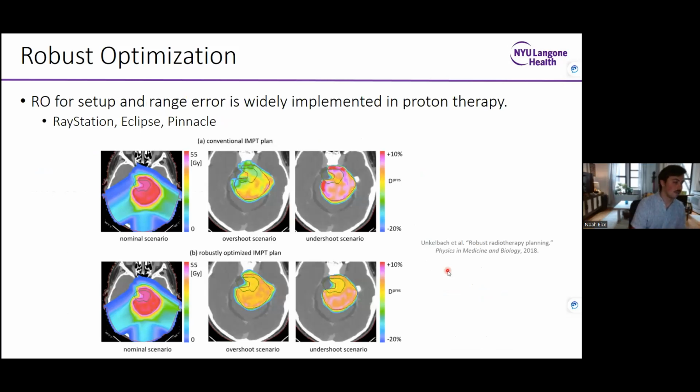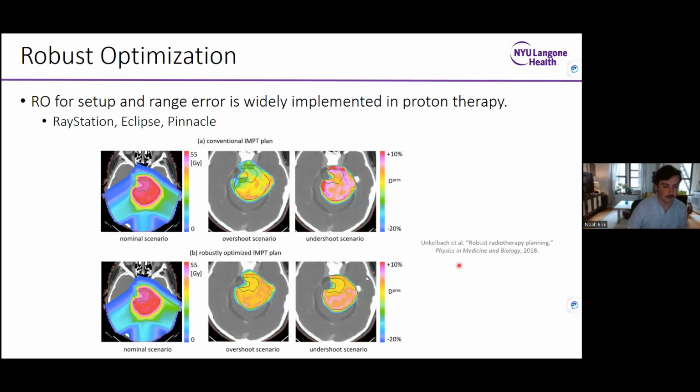So robust optimization is already clinically implemented for setup and range errors all over the place for proton therapy. I guess that's where it's needed the most, because of the sharp falloff of the Bragg peak. But there's a figure here from this paper, which I highly recommend, Robust Radiotherapy Planning.